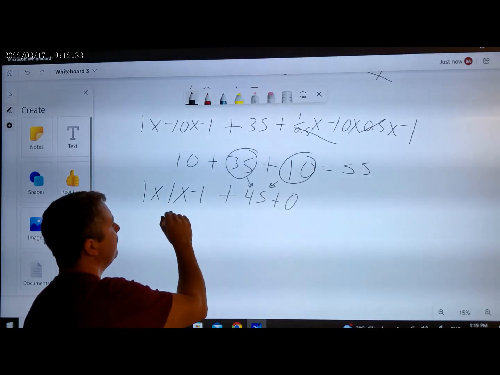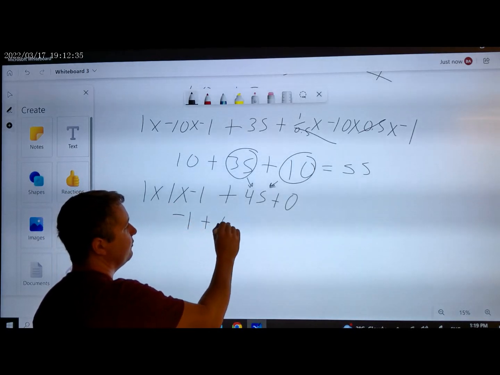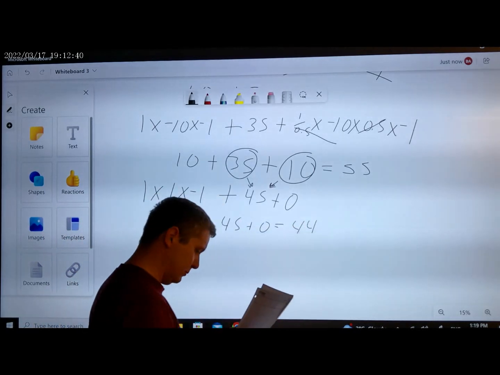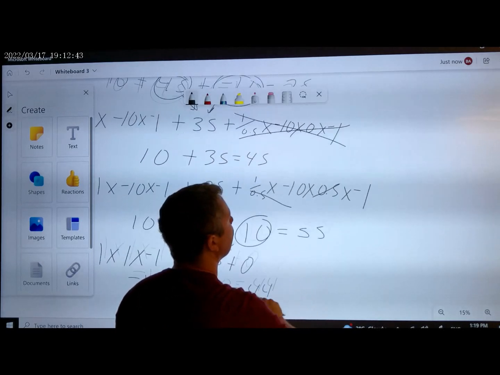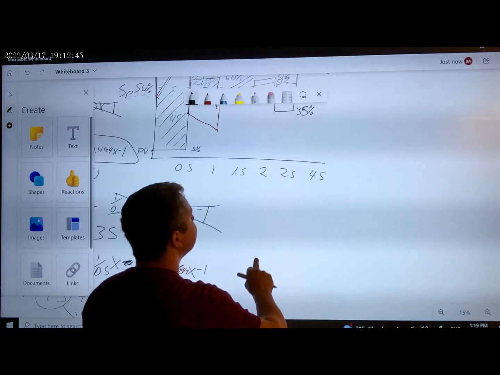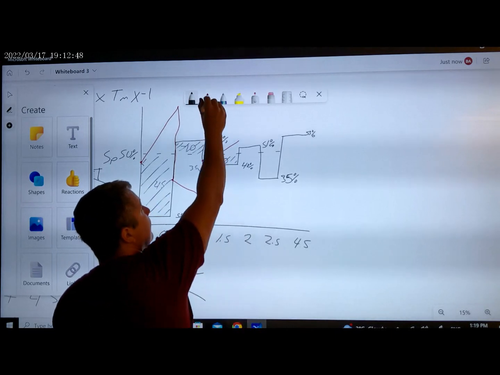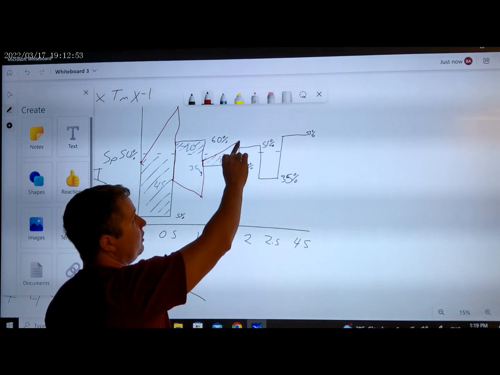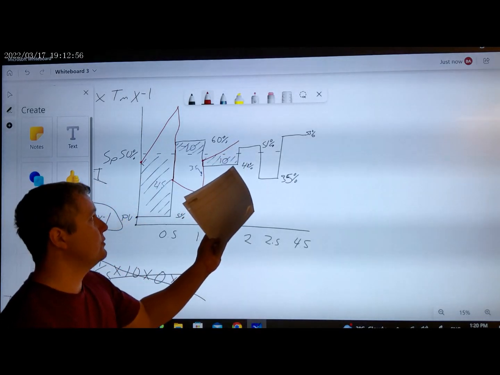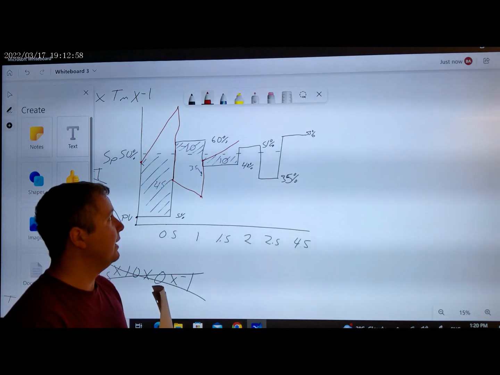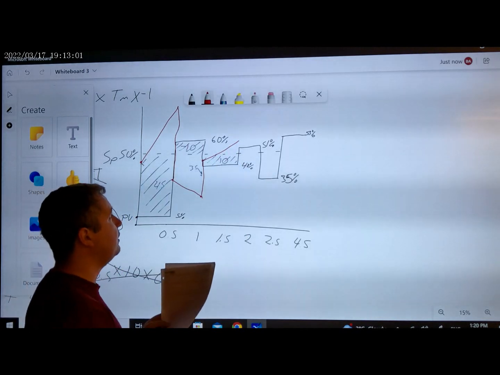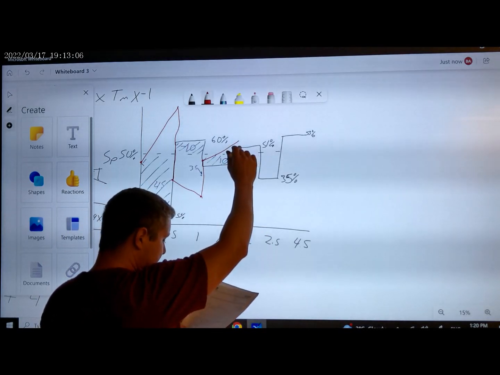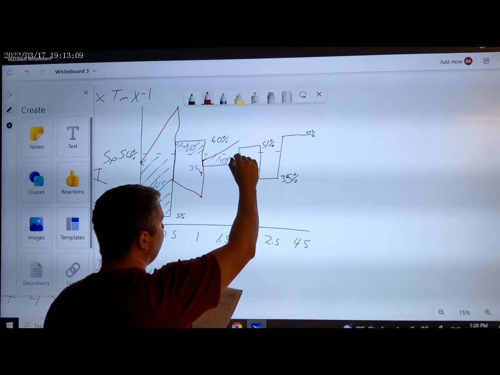So that would be negative 1 plus 45 plus 0, which equals 44. Right on. So our integral was driving us up, and now, because our process variable jumped up by 5, our output is going to drop to 44.